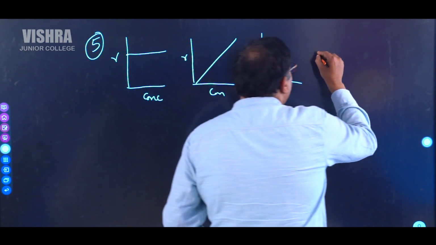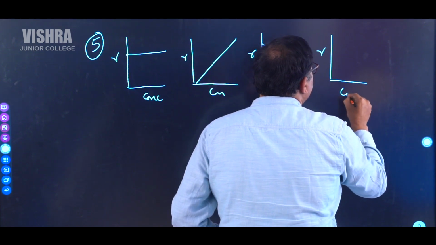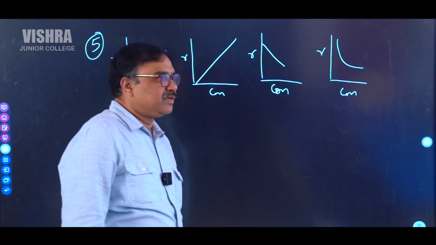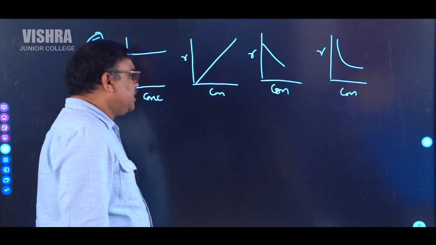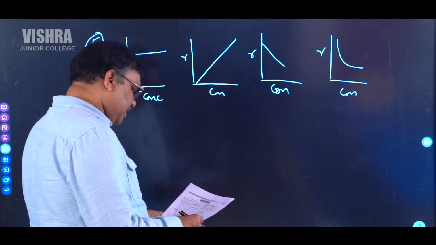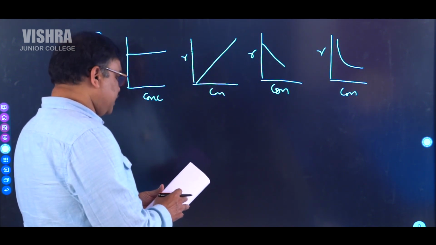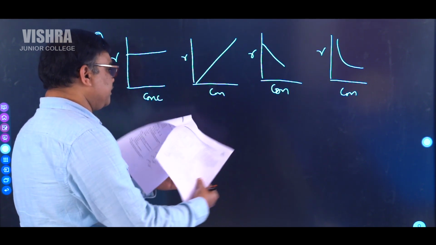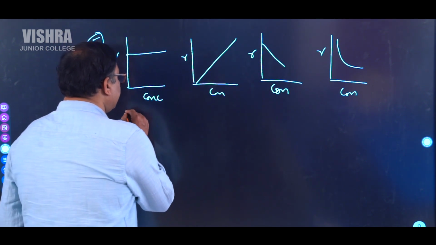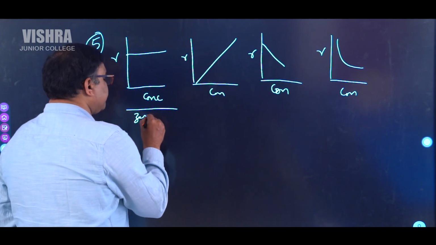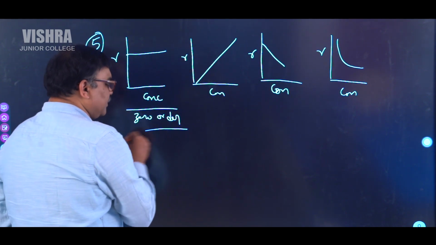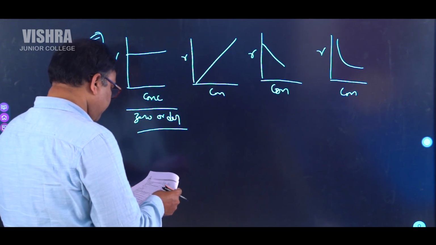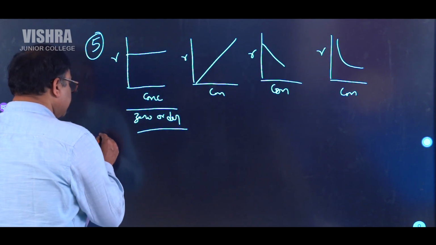And another graph between rate and concentration is hyperbolic. So in this, you can say that the rate which is not dependent on concentration is a zero order reaction. So this one is zero order reaction. So that is question number 5. So let us go to question number 6.